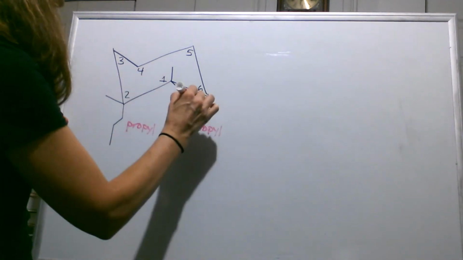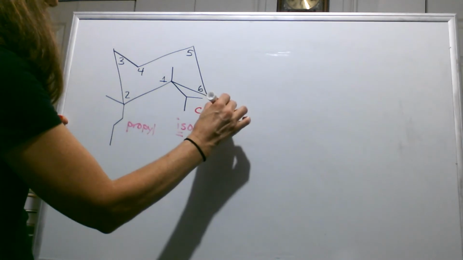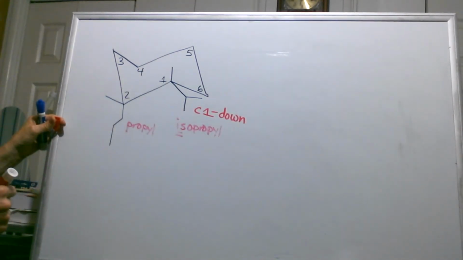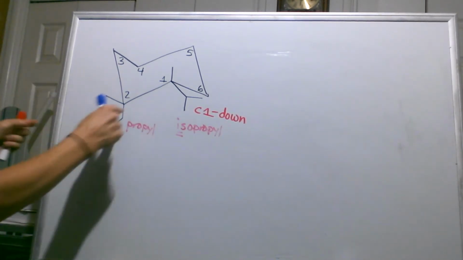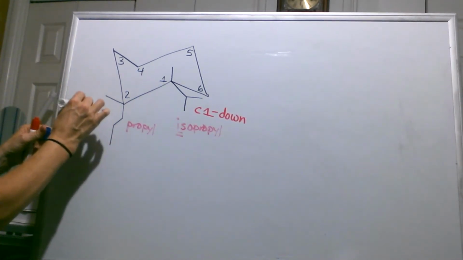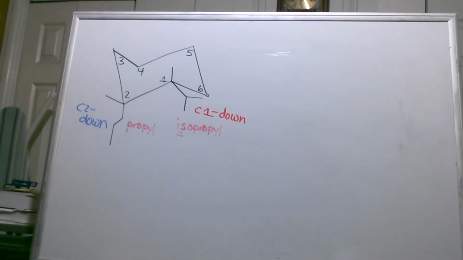So on carbon 1, the isopropyl is in the downward position. Because it's in the equatorial position, the axial direction is clearly up. And the propyl group, which is this one, is clearly in the downward direction. And it turns out that it's in the axial position.